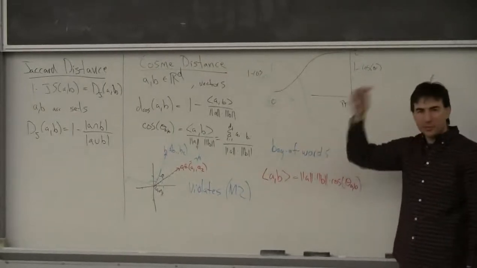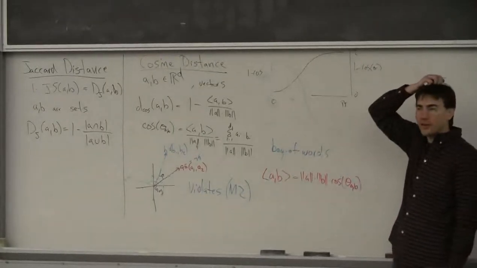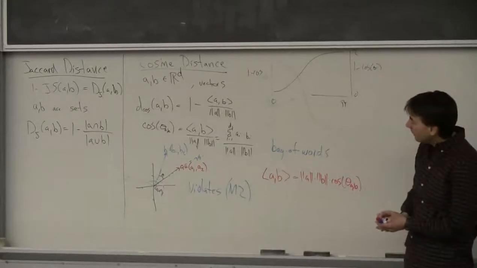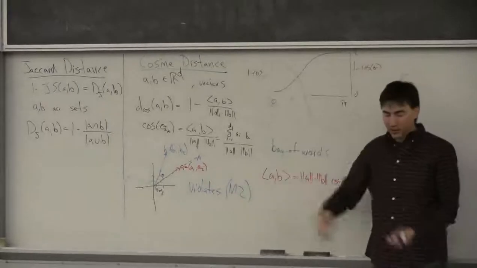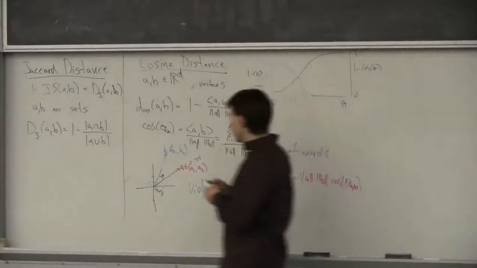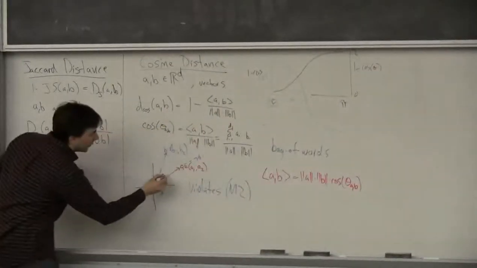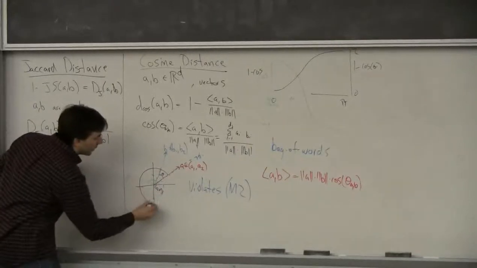Now let me explain why it satisfies the triangle inequality. Because we're normalizing the vectors, it doesn't matter what the length is. That means we can consider all the vectors living on the unit sphere.